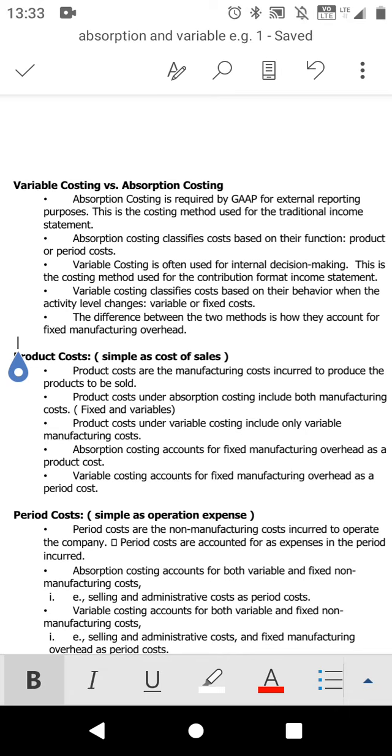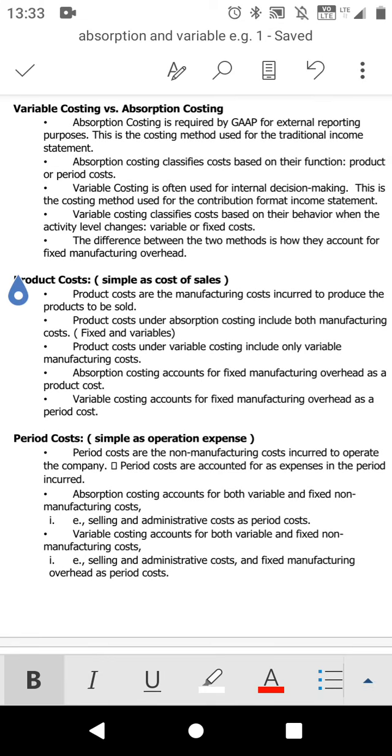The difference between the two methods is how they account for fixed manufacturing overhead. So there is a huge difference on how they account for fixed manufacturing overhead. Okay, we are going there. Firstly, understand what is product cost and what is period cost.